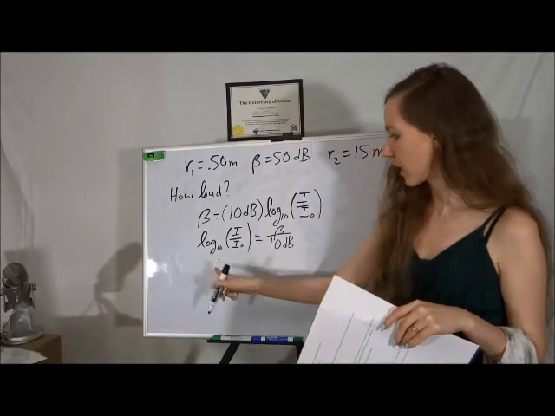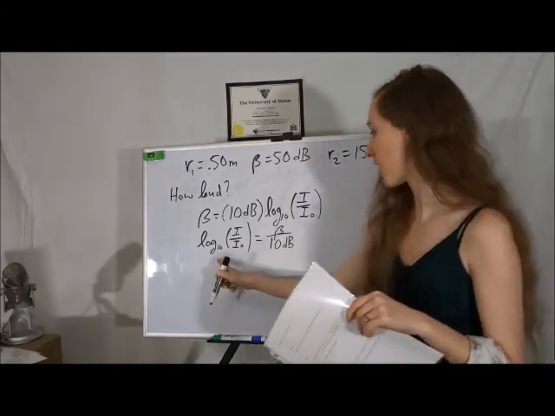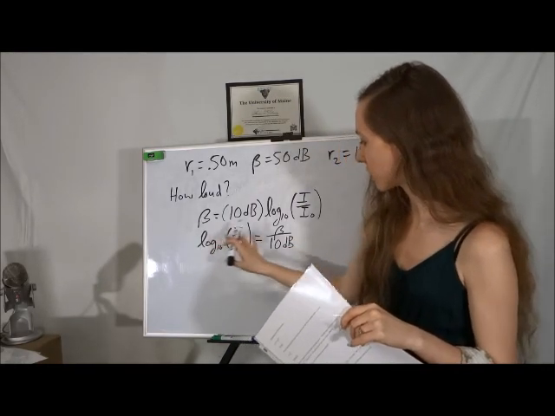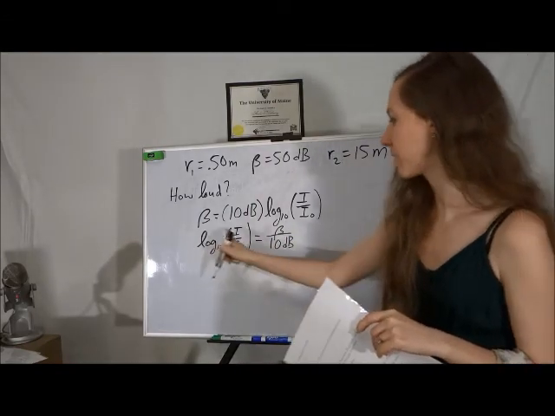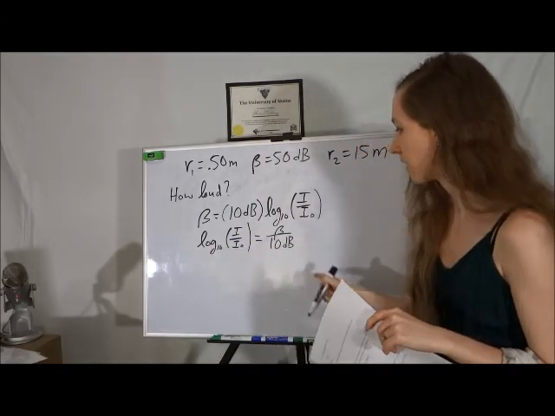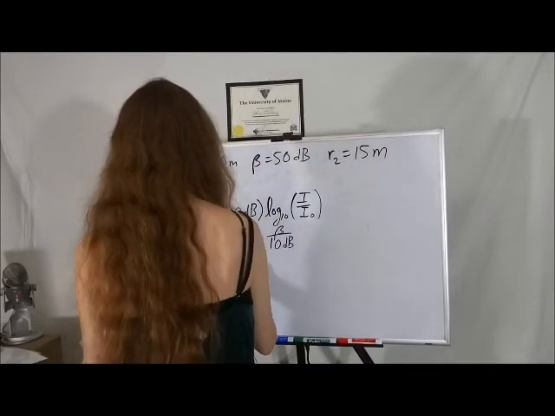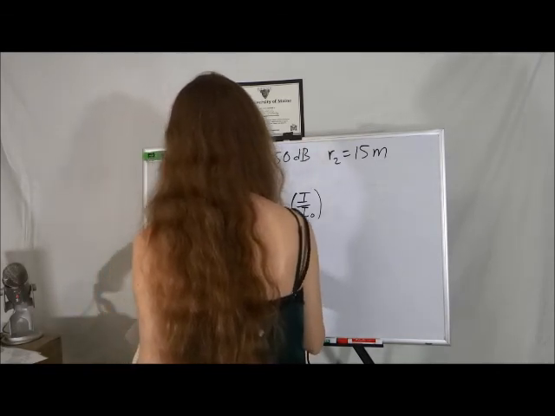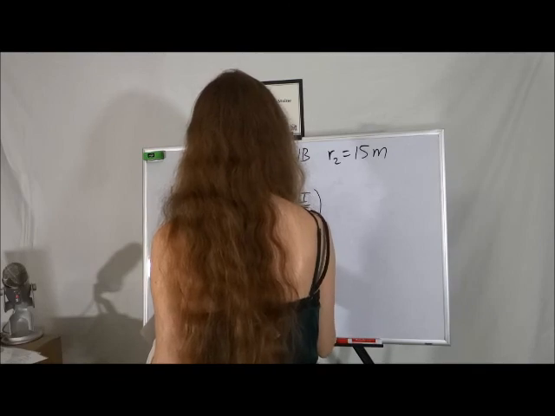Now, getting rid of the log is kind of the tricky part if you haven't done algebra in a little while. So since this is log base 10, if we take 10 and raise it to both sides of the equation, then we're going to be able to get rid of the log base 10 on this side. So this side is going to become I over I naught, and this side is going to become 10 to the beta over 10 decibels.